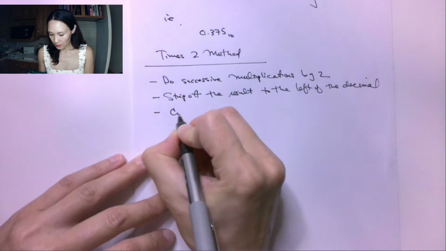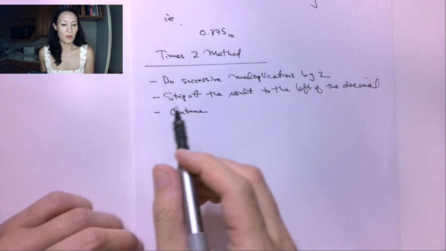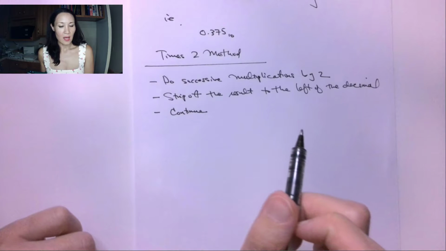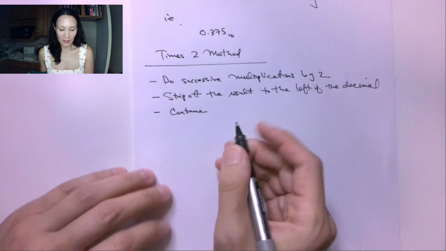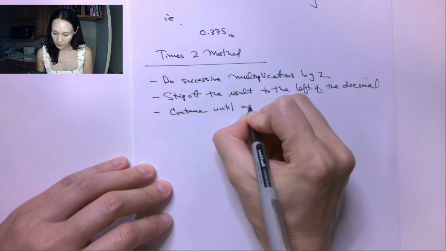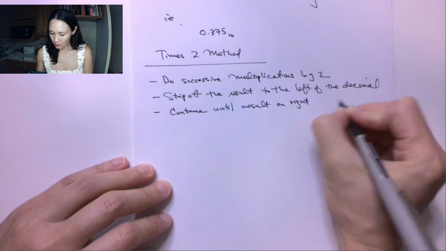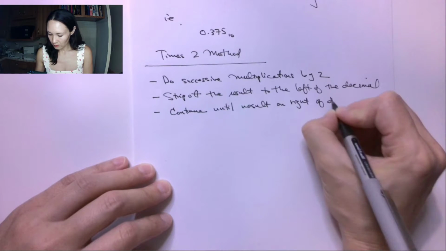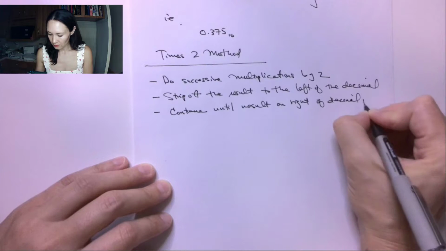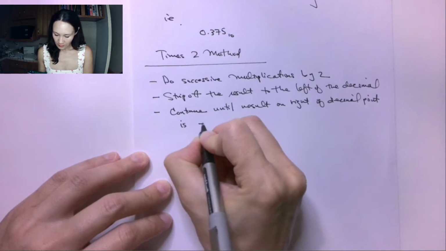And then we're going to continue until the result on the right meets one of 2 stopping conditions. Continue until the result on the right of the decimal point is either 0, or you find a repetition.